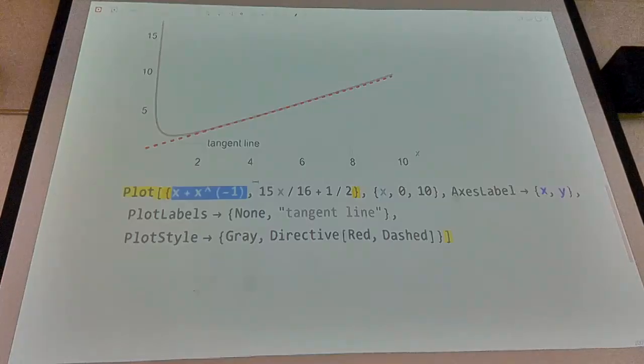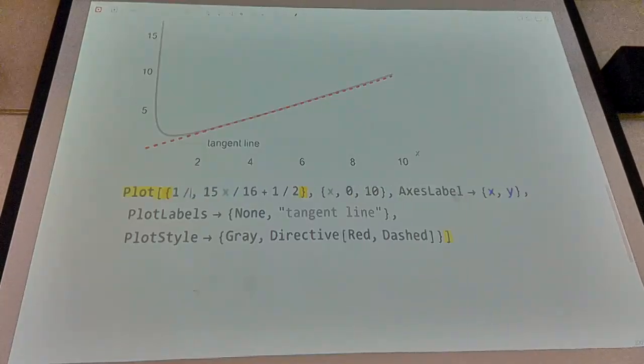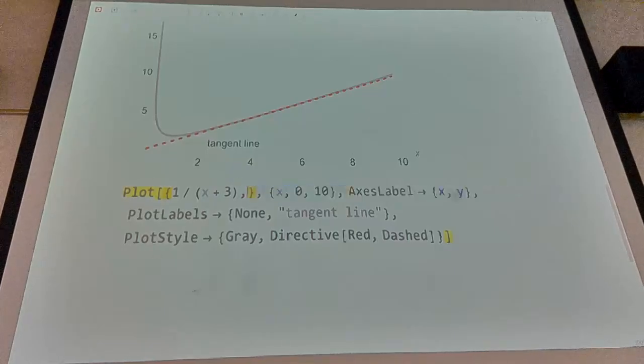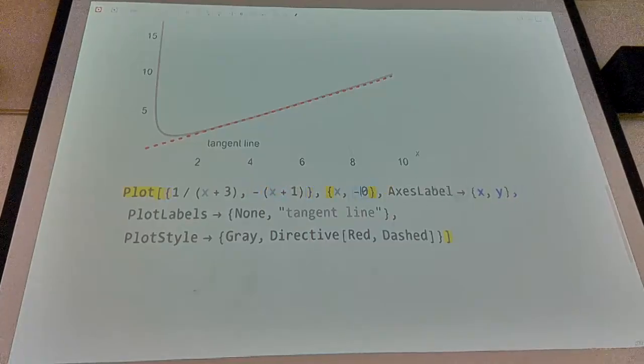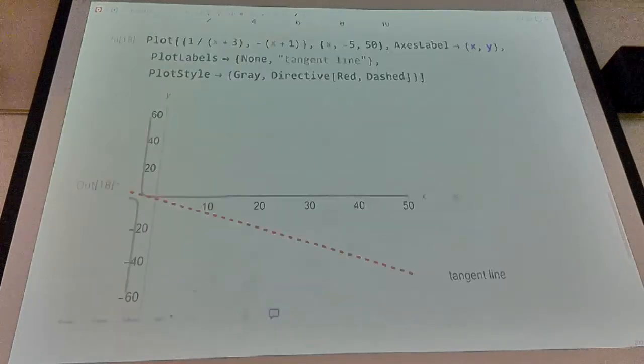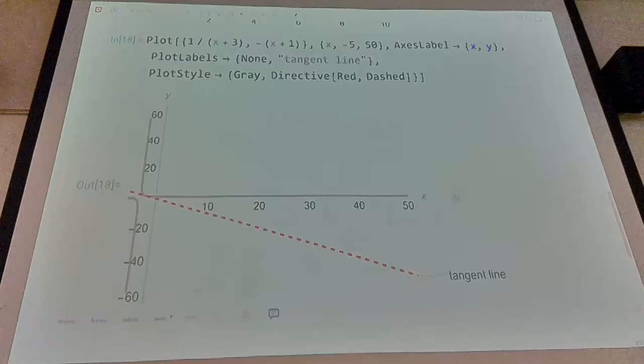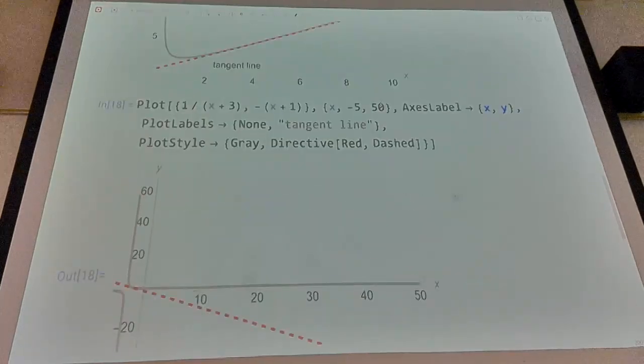So be careful in Mathematica, just like with calculators. Use your parentheses, use them properly. Okay, well that's just terrible. Oh, 50, okay. That kind of works.